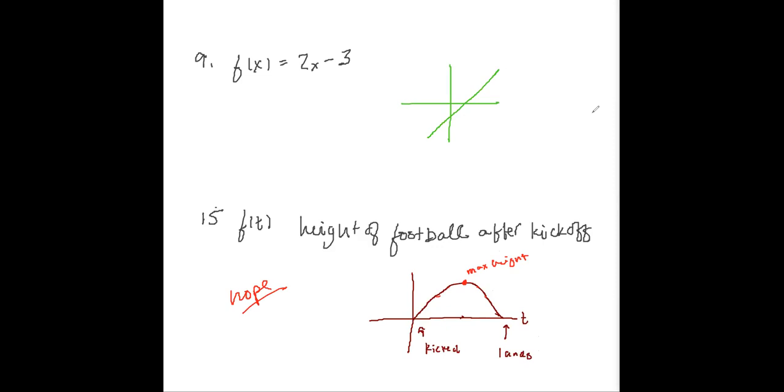Let's try, let's maybe do one of the ones using derivatives. Let's try number 39. Here we have the function f of x is equal to 3x cubed plus 4x squared plus 6x plus 5.